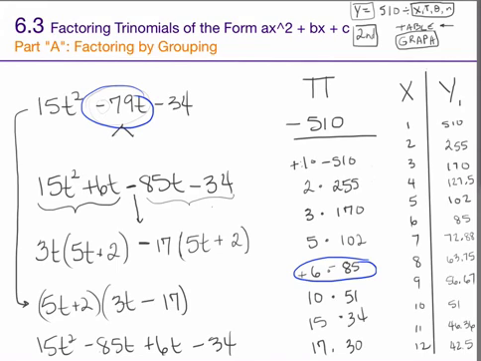Once you get into the table, it looks something like this. The x value that your calculator is dividing 510 by is 1, and the result of that division is 510. 510 divided by 1 is 510. 510 divided by 2 is 255. 510 divided by 3 is 170.